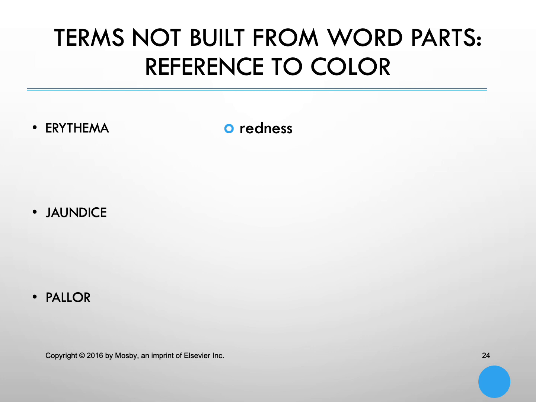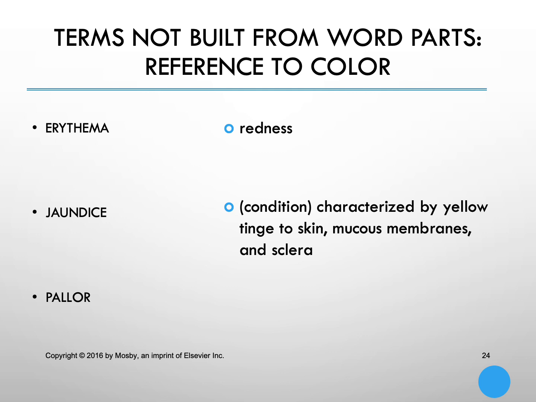Jaundice, on the other hand, is a condition that appears in the skin. It's characterized by a yellow tinge to the skin, mucous membranes, and the white part of the eye, which is called the sclera.